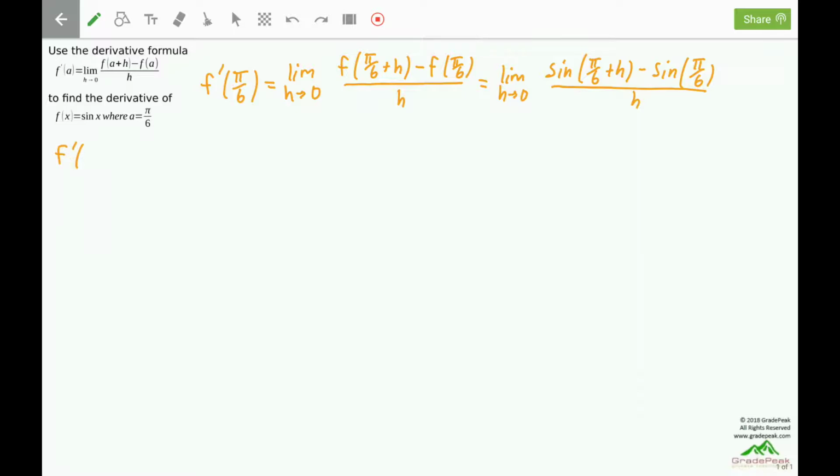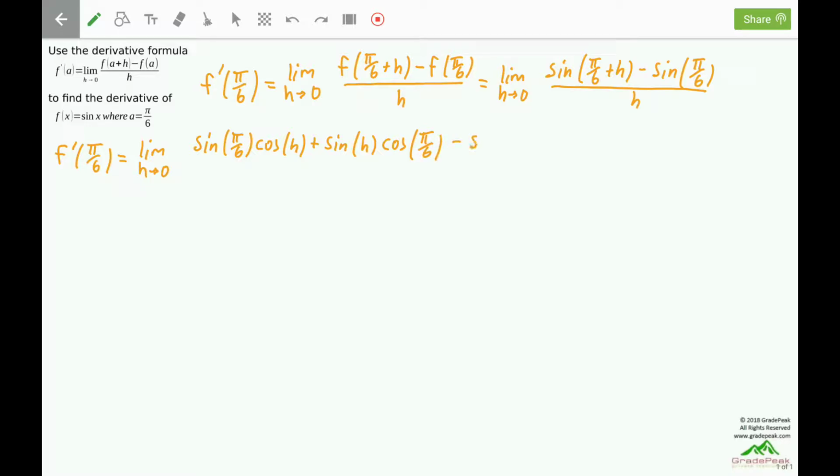So f prime of pi over 6 equals the limit as h goes to 0. The sum identity for sine is the sine of the first times the cosine of the second plus the sine of the second and the cosine of the first.